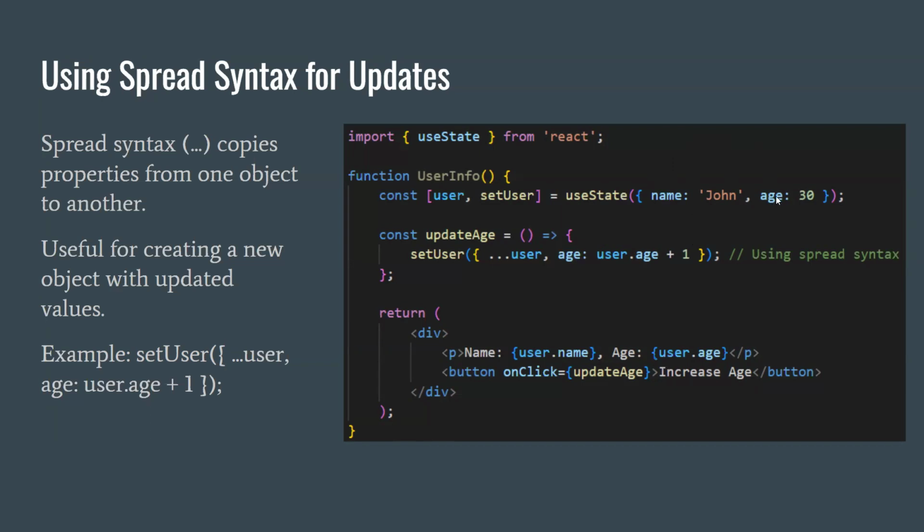And if we have a button to increase age, we will have an update age handler, and there we will update state by using spread syntax to create a copy of the existing user, and for that new object that we create, the age will increment by 1. So user age will be 31.